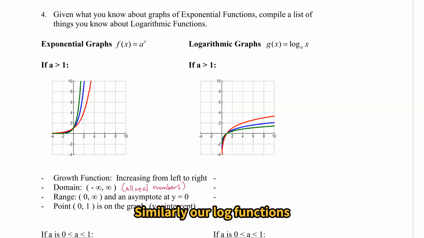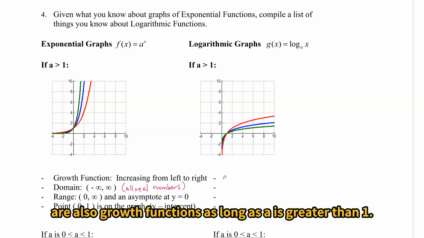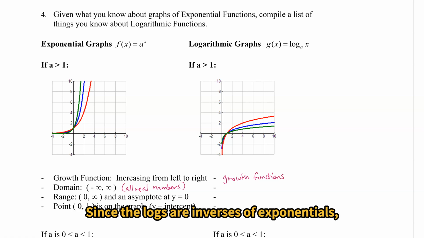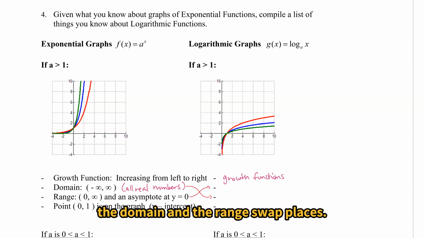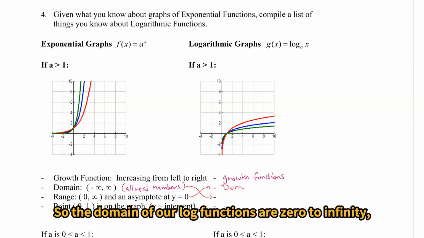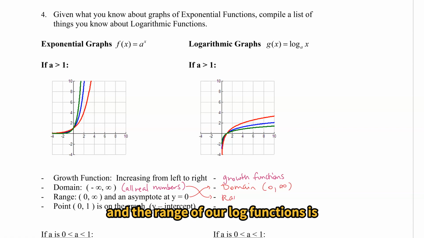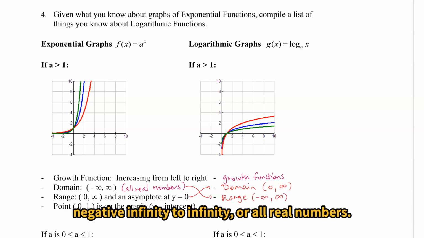Similarly, our log functions are also growth functions, as long as a is greater than 1. Since the logs are inverses of exponentials, the domain and the range swap places. So the domain of our log functions is 0 to infinity, and the range of our log functions is negative infinity to infinity, or all real numbers.